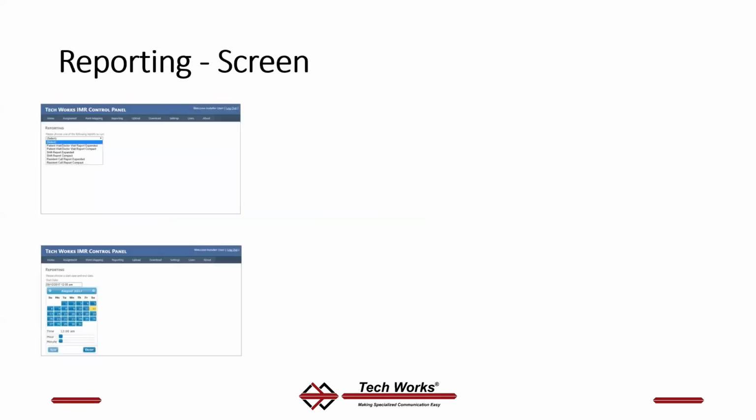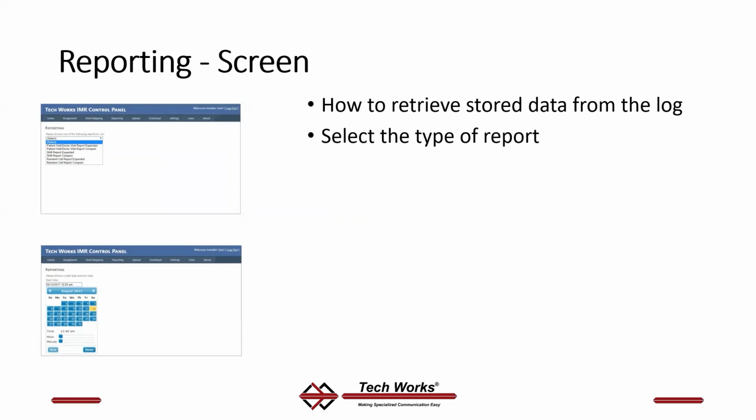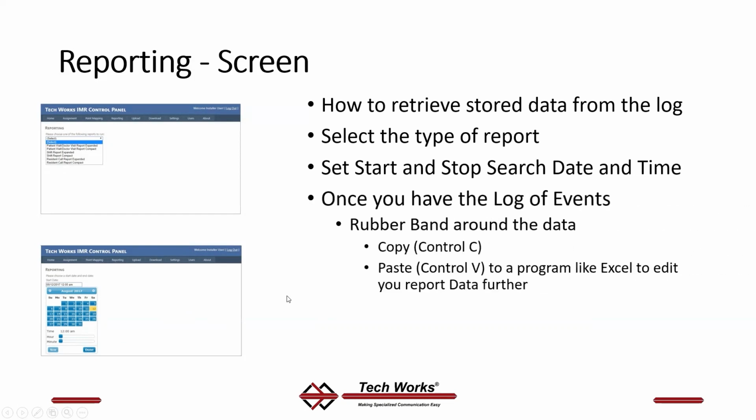Let's talk about reporting. The reporting screen. This is how you retrieve stored data. So every one of those button pushes in the system is time and date stamped. You go in and you select a type of report. We have options of built-in reports. It just helps you retrieve the information you're looking for. You select a start and stop time and date.